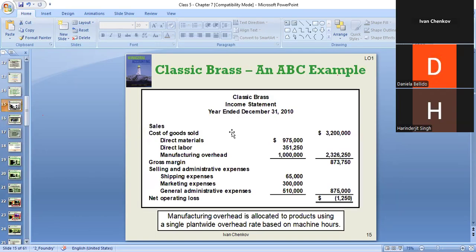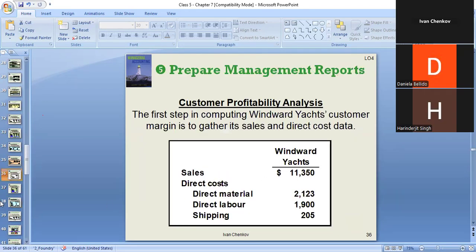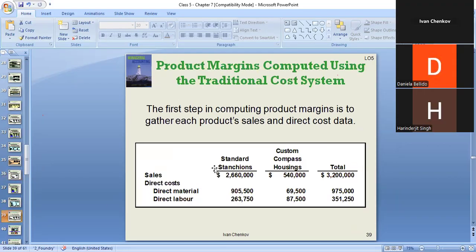So we're trying now to allocate only that cost using the traditional costing system in those two divisions. Let's see what will be the profit margin in those two divisions.